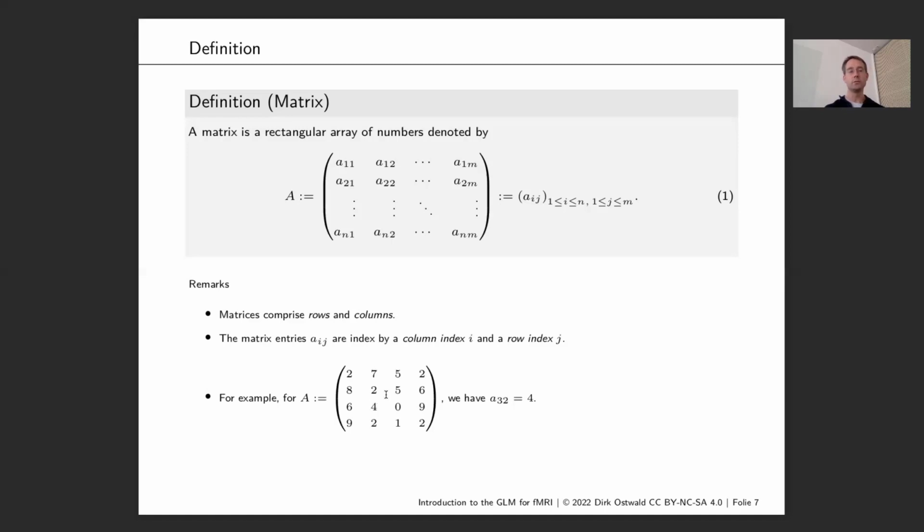Matrices, of course, don't need to be square as shown here, so they can have more rows than columns, or more columns than rows. The number of rows and the number of columns is what one refers to as the size of a matrix. And it's always important to remember that if you talk about indices, it's always the row index and then the column index.